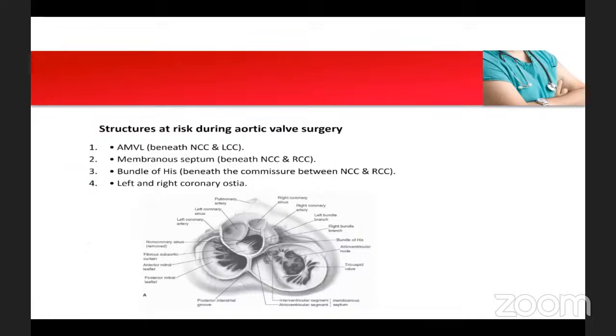We need to appreciate the aortomitral continuity beneath the non-coronary and left coronary cusp, and also the location of the membranous septum and the conduction system beneath the non-coronary and right coronary cusp. We also need to identify the right and left coronary ostium.